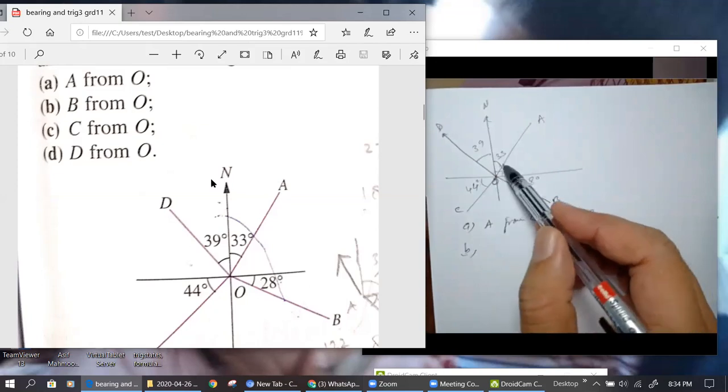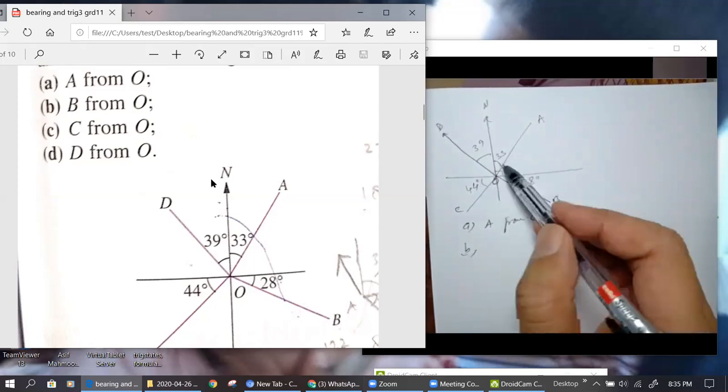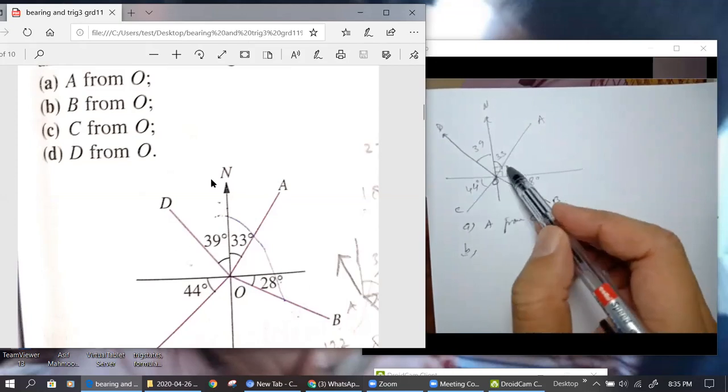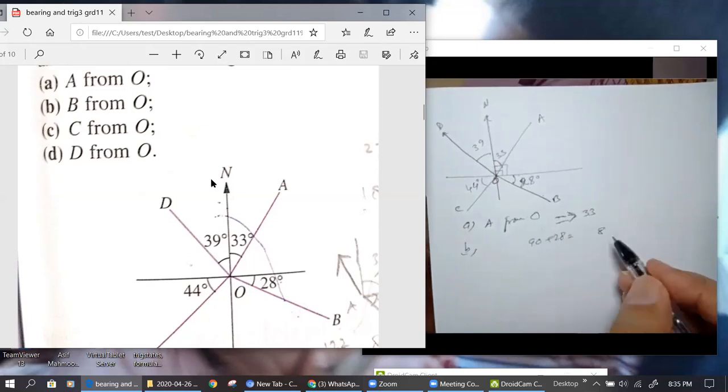Yeah, this is also a good technique. But if you say how I did 90 plus 28, try 90 plus 28. If your answer is correct, put your answer. 90 plus 28. This is the answer. And what about this? You did 33 plus 44 plus 28. Oh, that one's wrong then. It is 118. Not this. Okay.